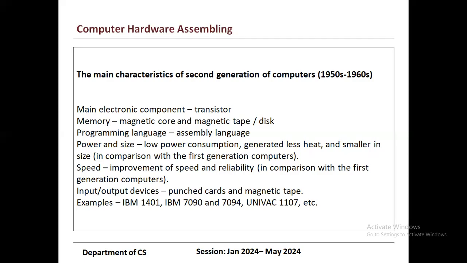This was done as transistors were more reliable than vacuum tubes, required less maintenance, and generated less heat. Second generation computers were smaller and more portable, making them accessible to a wider audience. Magnetic core memory was also introduced in this generation, which was faster and more reliable. This laid the foundation for further developments, paving the way for the third generation that used integrated circuits.